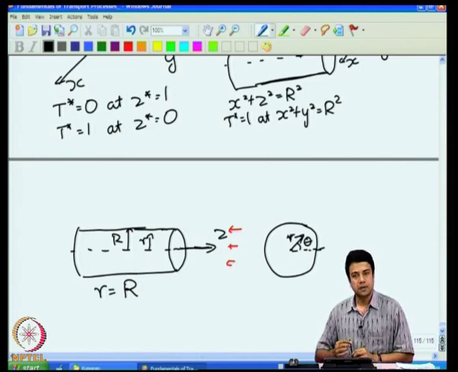So, I went to a curvilinear coordinate system because the boundaries are more easily described in this curvilinear coordinate system. However, there is a price to pay, and that is that the equations get more complicated.